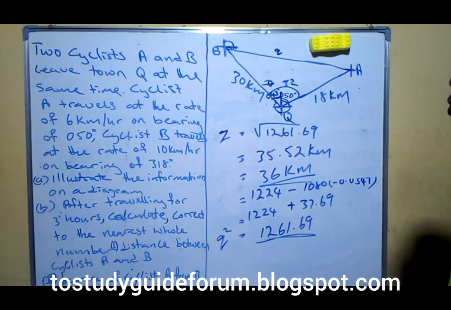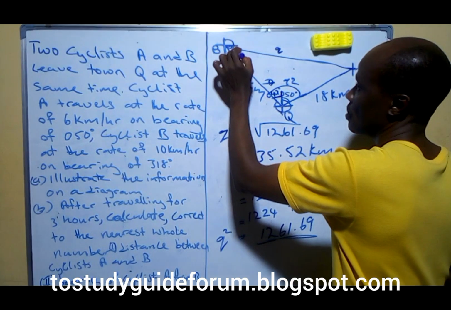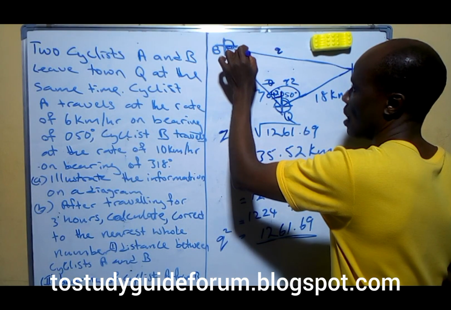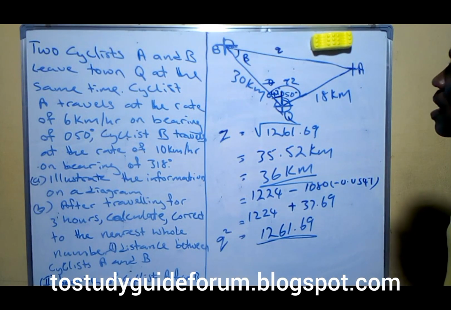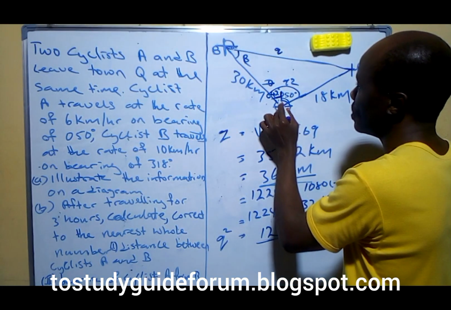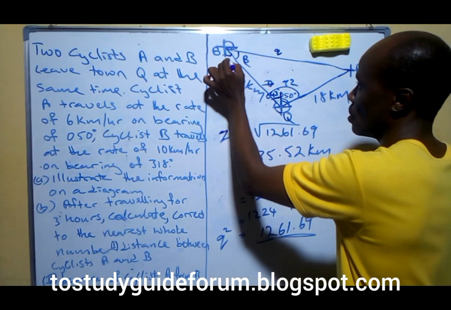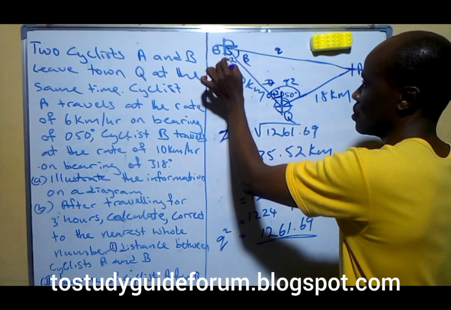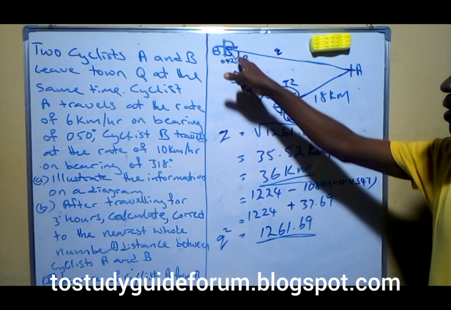To get this bearing, the first thing is that we don't know this angle. We can call it beta. This is an alternate angle to this place, 42, so this other one should also be 42. But what we need now is this angle.